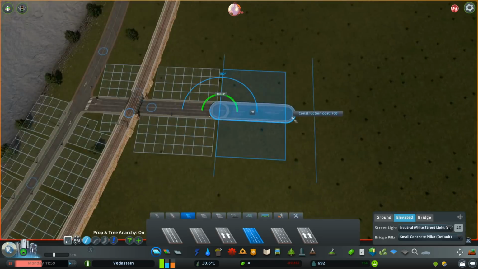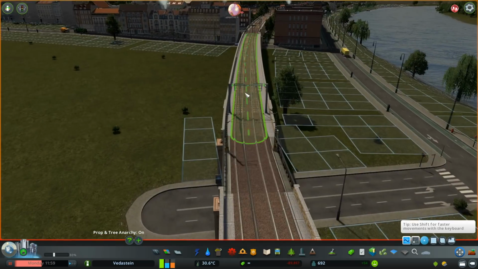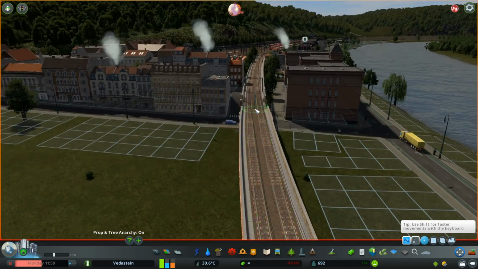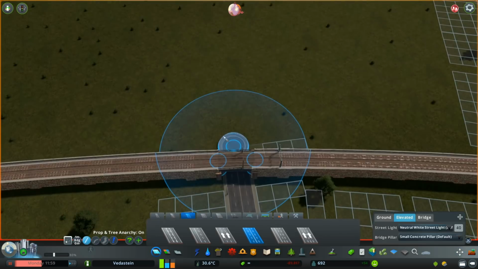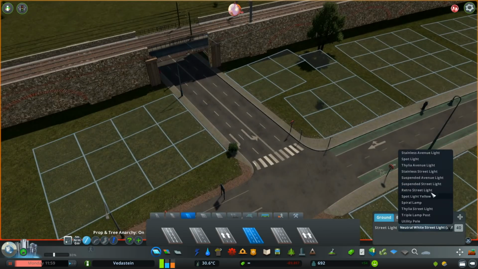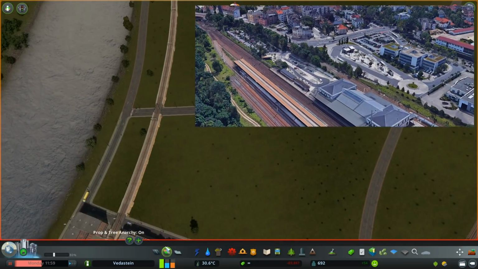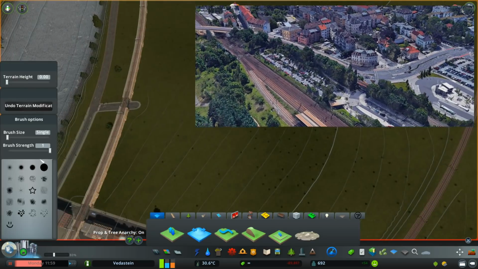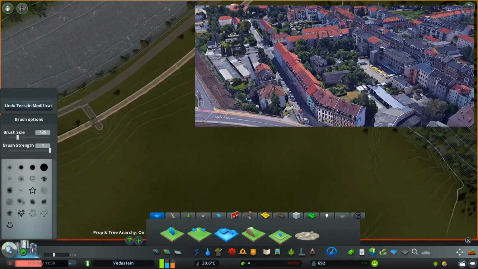I wouldn't say so, because one of the cities I use as an inspiration is the city of Pirna in Germany, just a few minutes outside of my town. When it's about the city layout, I really like how this city looks. You can see it here on the screen, on Google Maps.